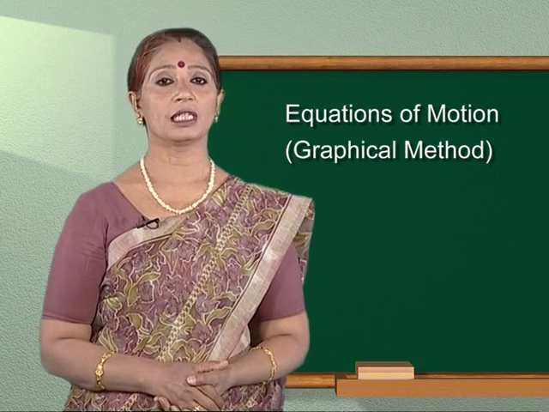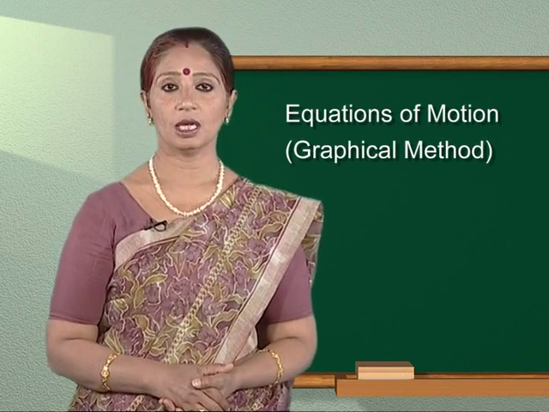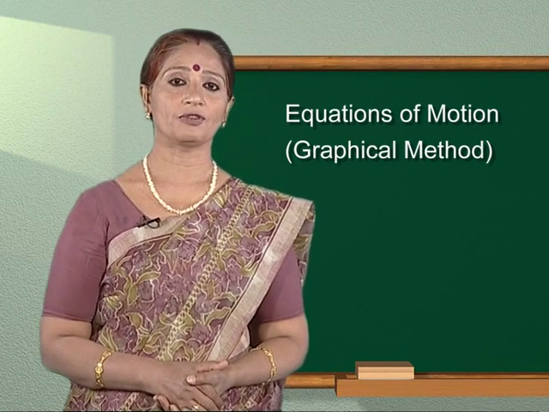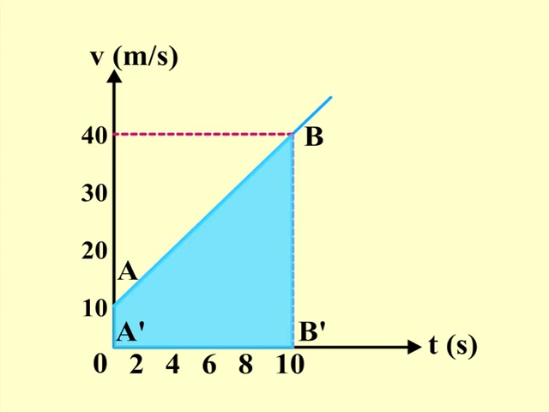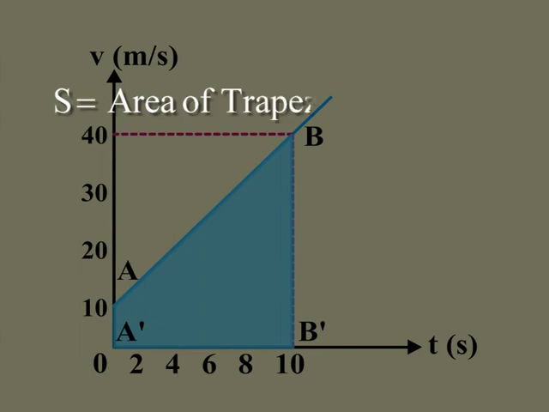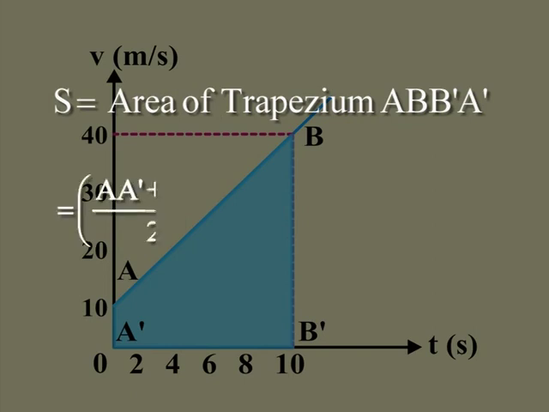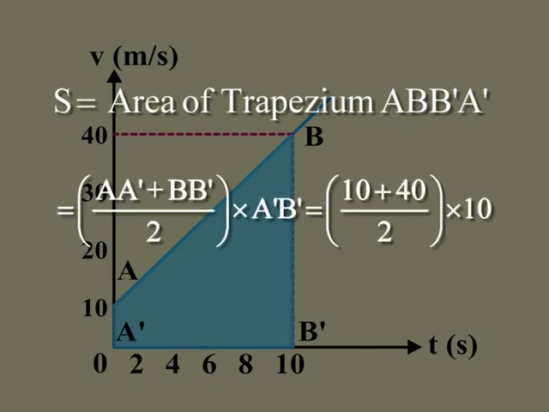Since the motion is uniform acceleration motion, the velocity time graph of the motion should be a straight line graph. For the measurement of distance, we have to measure the area enclosed by the velocity time curve and the time axis, which is equal to the area of the trapezium ABB'A', which is equal to half sum of AA' and BB' multiplied by A'B'.